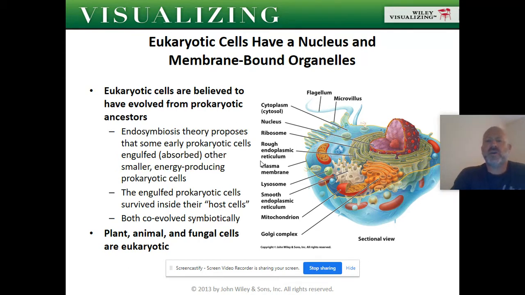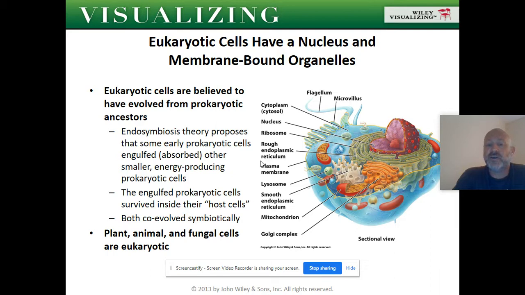So where did eukaryotic cells come from? Well, it's believed that eukaryotic cells evolved from prokaryotic cells. And the theory is called the endosymbiosis theory. The theory is kind of explained as there were some prokaryotic cells hanging out, and they engulfed each other.